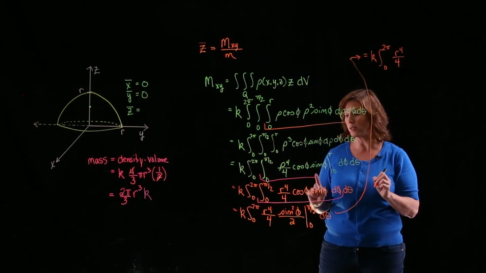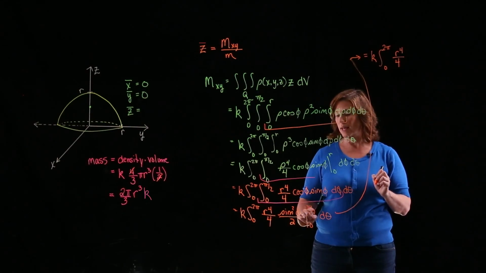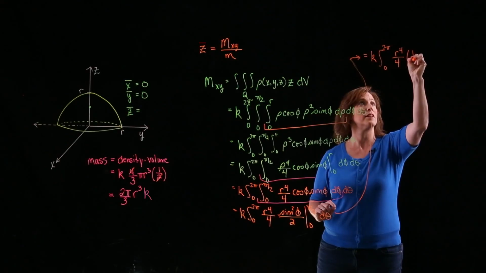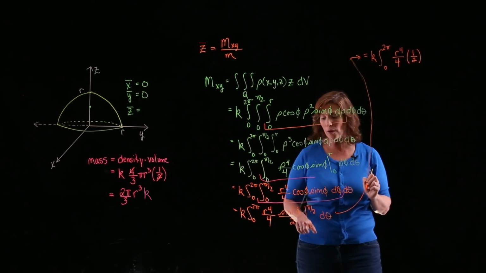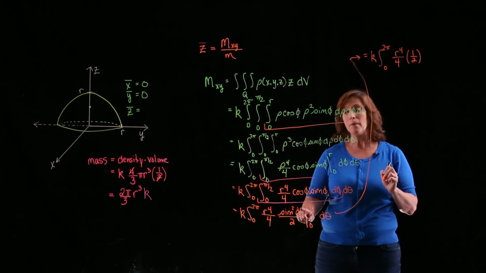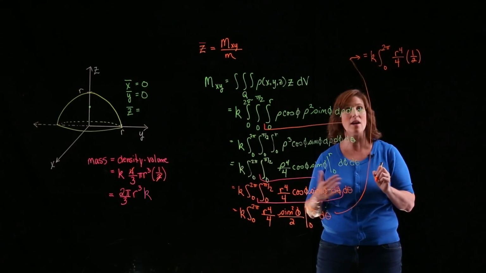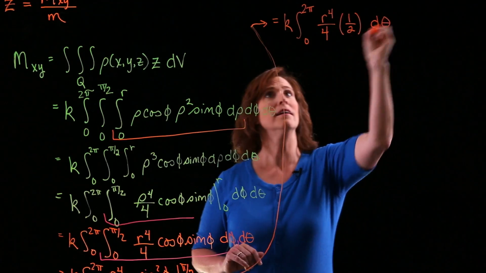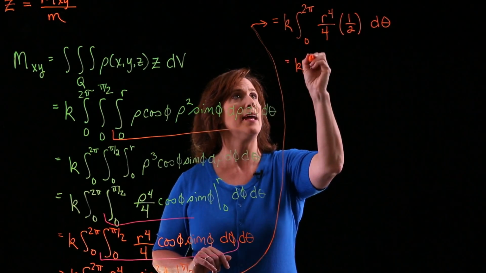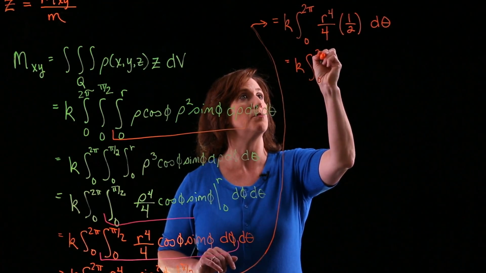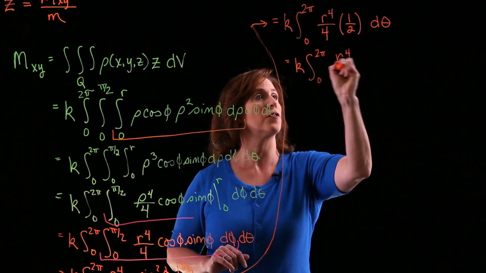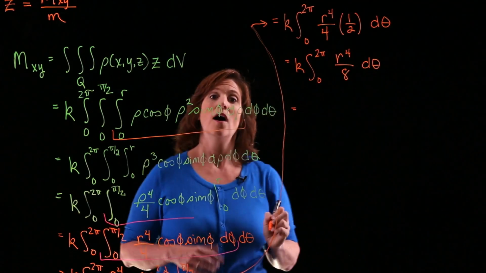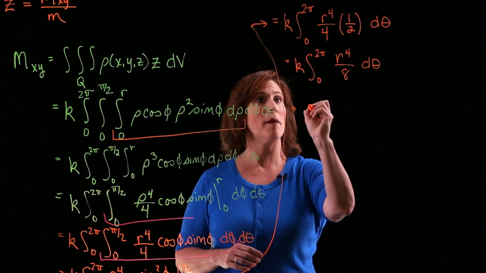Now the sine of pi over 2 is 1. 1 squared is 1, and I'm going to be dividing by 2, so that will be times 1/2. Then I need to subtract what happens when I plug a 0 in, but the sine of 0 is 0. So again, that knocks that entire term out. So I still have d theta here. And so I have k times the integral from 0 to 2 pi of r to the 4th all over 8 d theta.